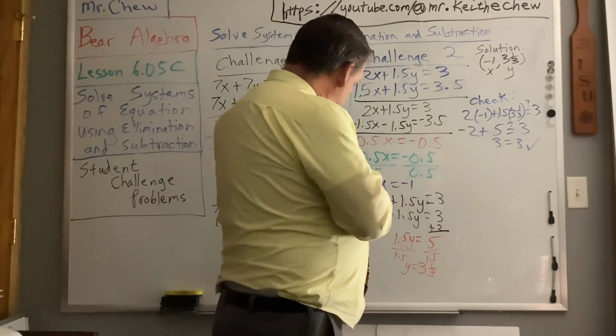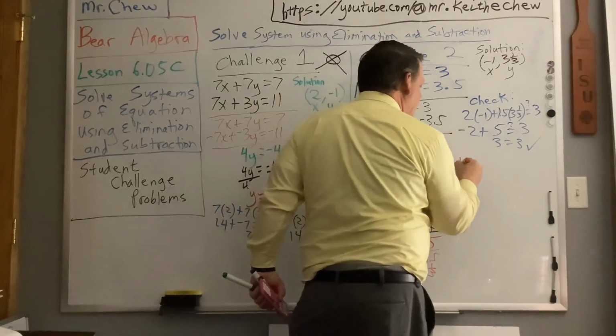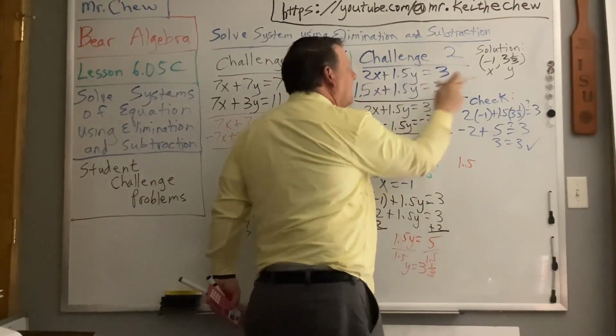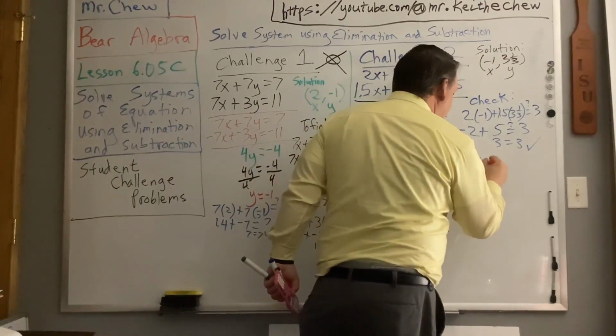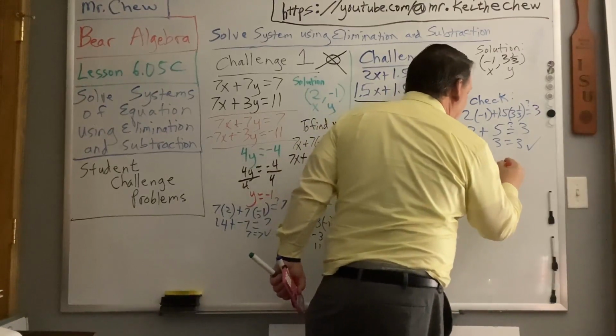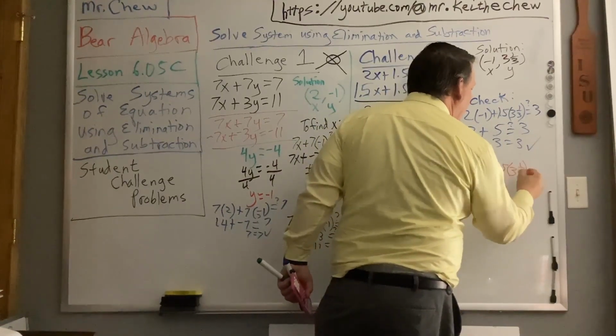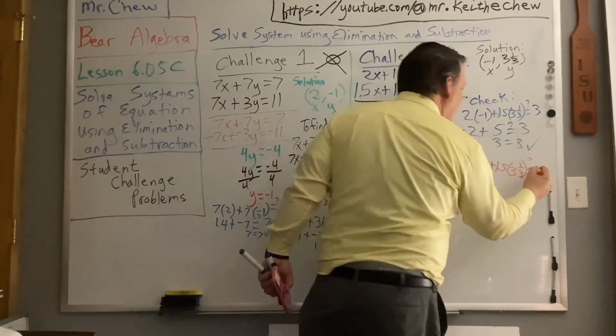All right, so now let's check the next one. So I take my second equation, 1.5, and instead of x, I'm going to put a -1 in there. I'm going to put 1.5y. Instead of y, I'm going to put 3 1/3 there. And I'm saying, does that equal 3.5?